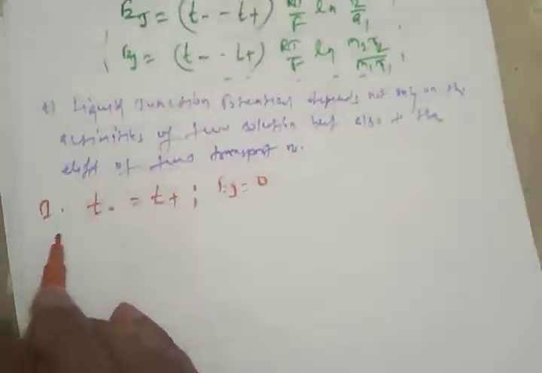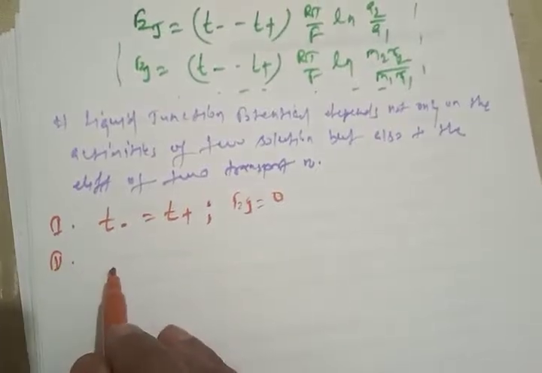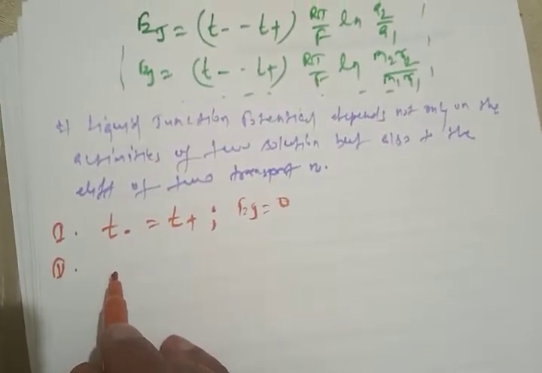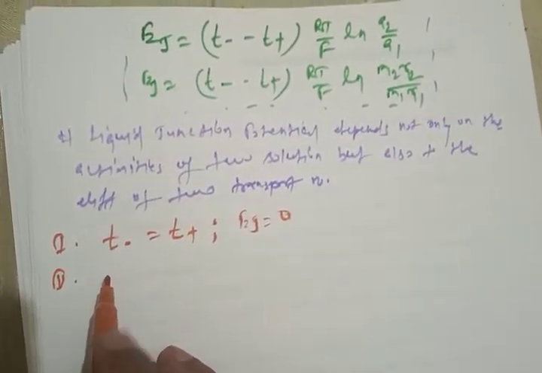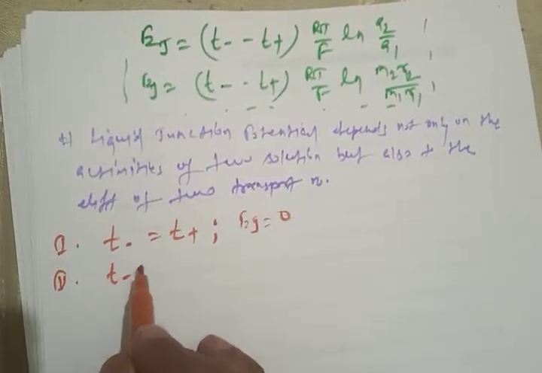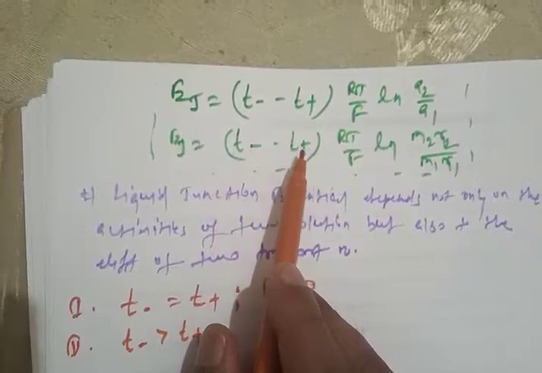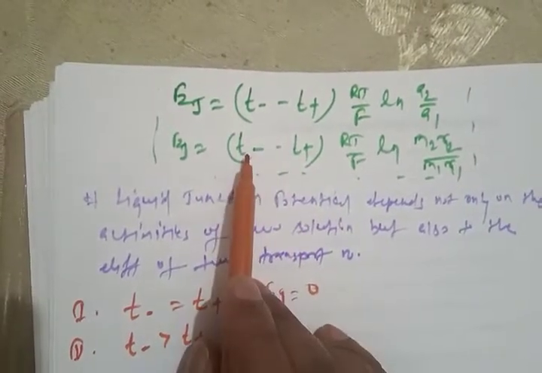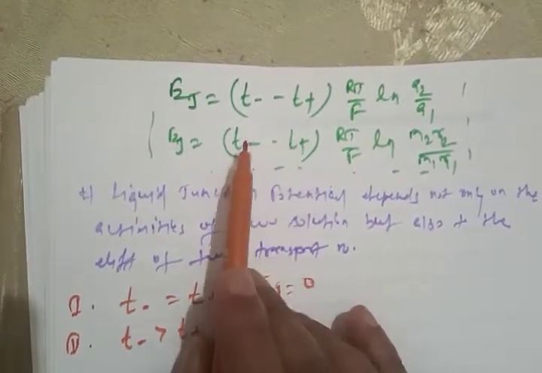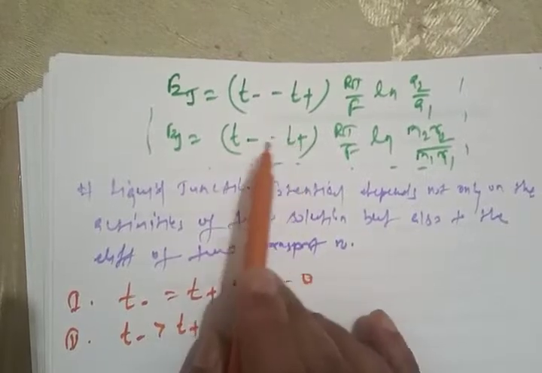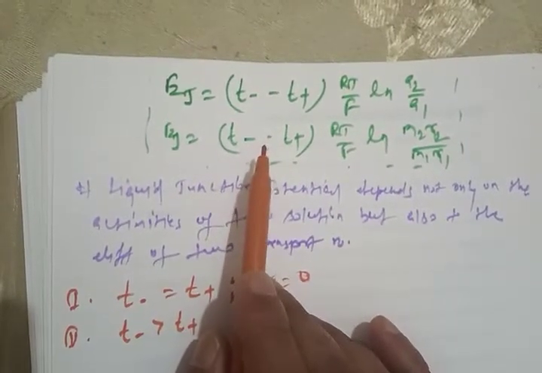The second case is what? If we have a t minus value greater than t plus, that means this value is greater than this value. So if this value is larger than this value, that means larger minus smaller, so this will always give a positive value.